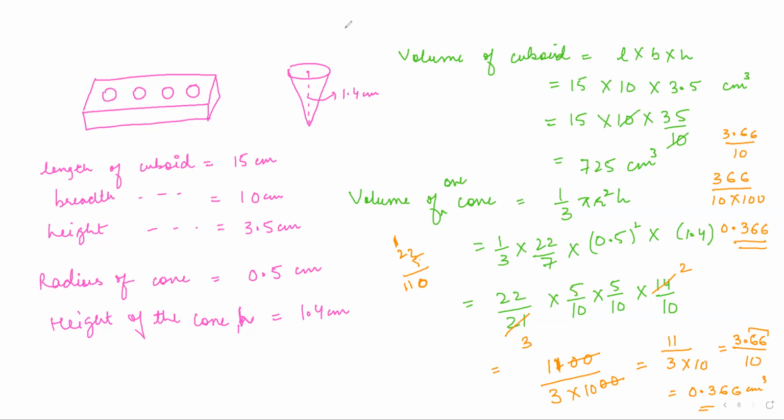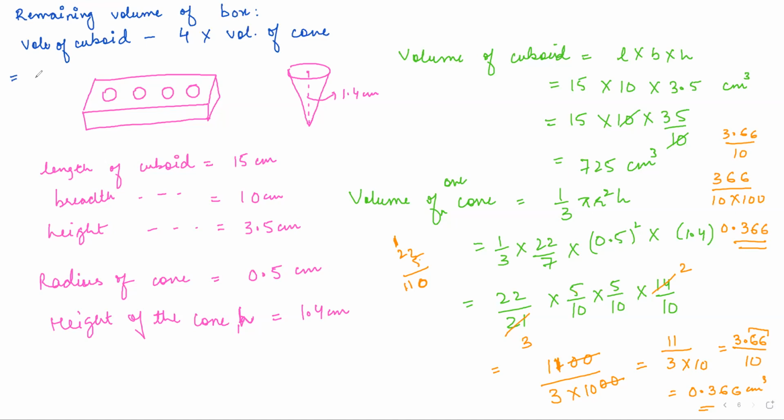Now we have to find what? The remaining volume of the box. So this is equal to the volume of the cuboid minus 4 into the volume of the cone, right? The volume of the cuboid we have found, that is 725 centimeter cube, minus 4 into this 0.366 centimeter cube.